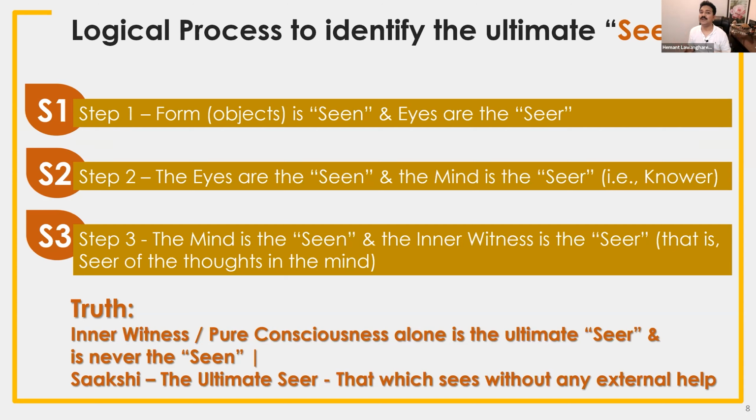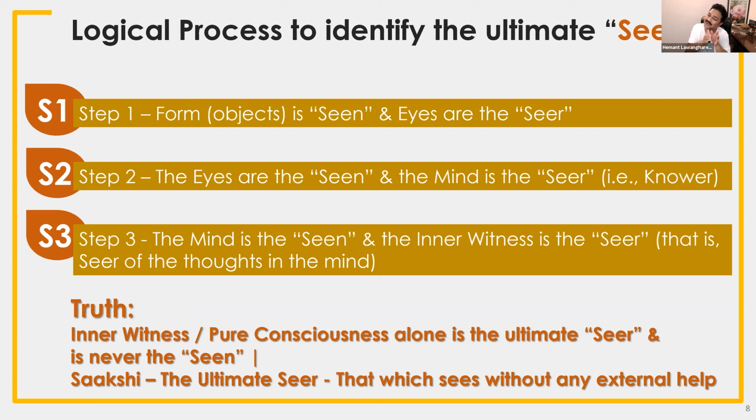The purpose of this discussion is not to learn by heart these particular five conditions and S1, S2, S3 or L1, L2, L3 and understand that, okay, there is something called ultimate pure consciousness. No. The purpose is very simple. The purpose is to differentiate ourselves from the mind and body, because all the miseries are either associated with the body or associated with the mind.